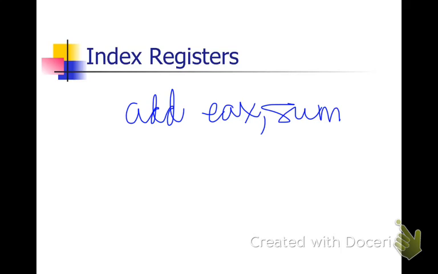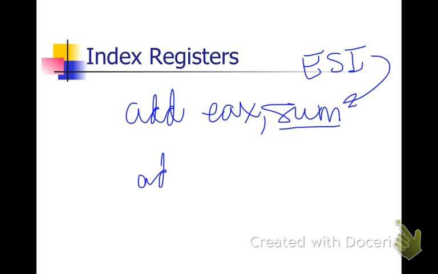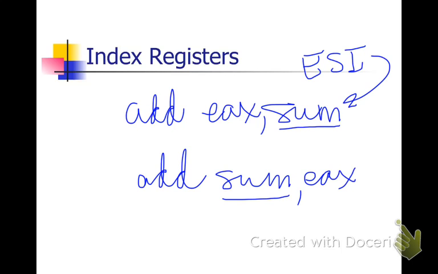In this case, the address of sum is held in ESI because it's the source. Okay, so let's say I'm going to add EAX to sum, and in that case, the address of sum would be stored in EDI. So just to tell you a little bit about how they work.